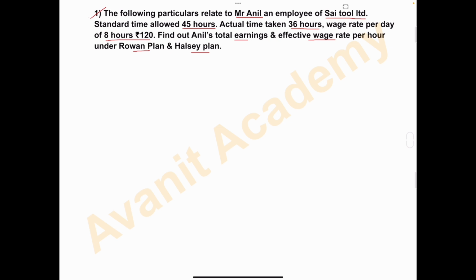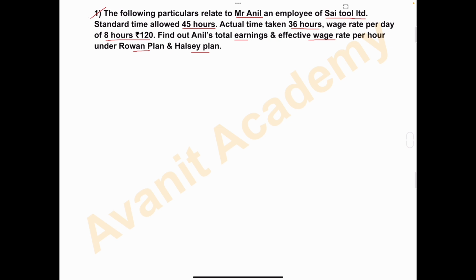We'll see what information they have given in this problem. Standard time allowed is 45 hours. Okay, to complete that work or output, the standard time allowed by the organization to Mr. Anil is 45 hours. But Mr. Anil has taken only 36 hours. Okay, actual time taken by Mr. Anil is 36 hours.